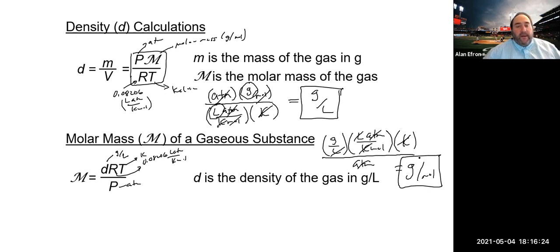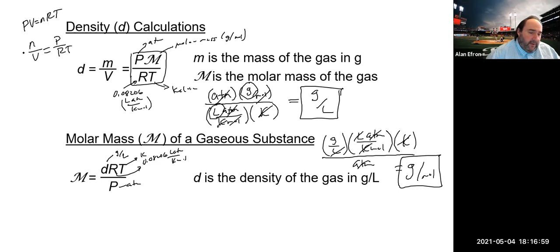So these are two formulas that you can use to calculate these things. They're both based off of the ideal gas law, PV equals nRT. For example, if we solve for n over V in the ideal gas law, n divided by V is equal to P over RT.